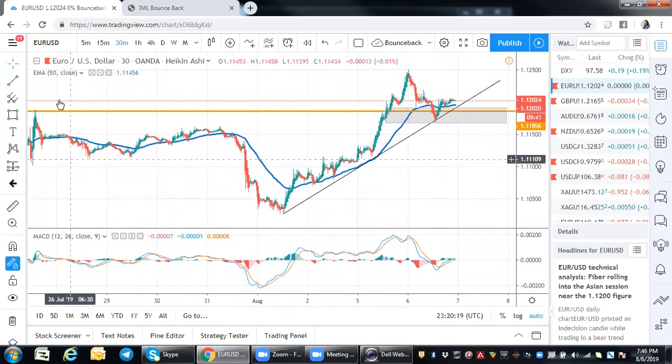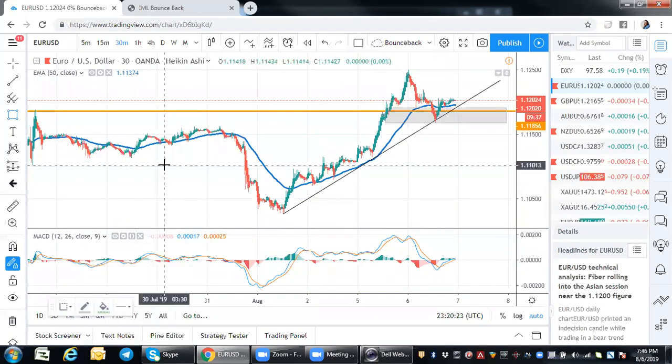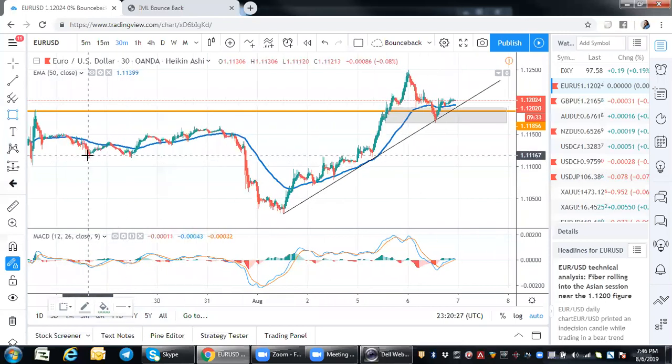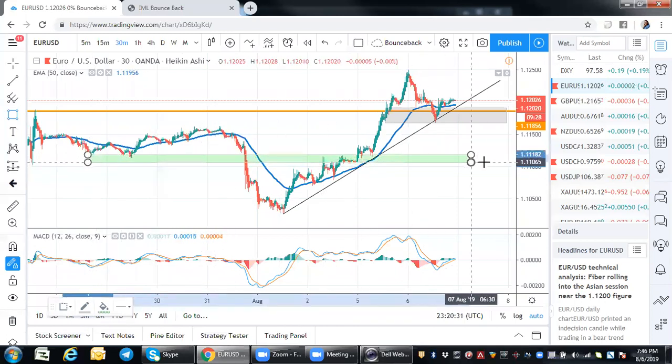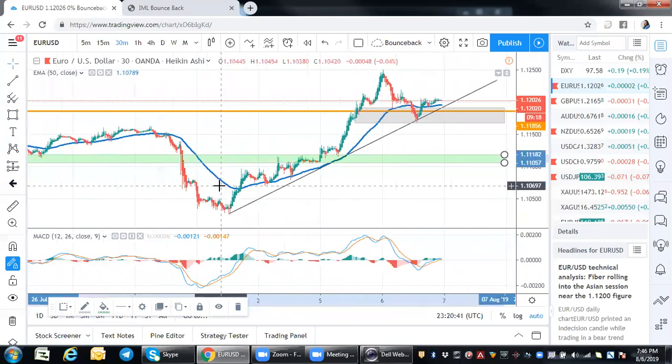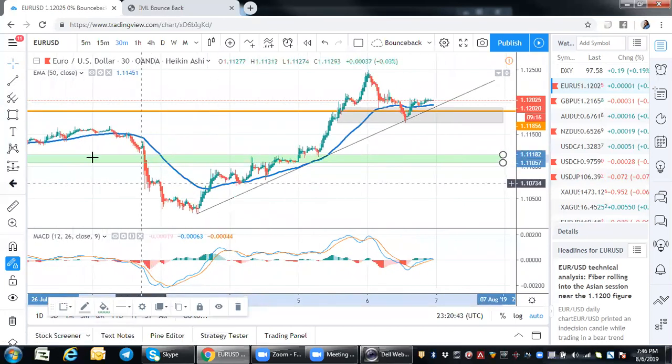Areas of take profit. So if we look left, what are we looking for? We're looking for support. So TP1 is here for me. That's TP1, and TP2 is around here.